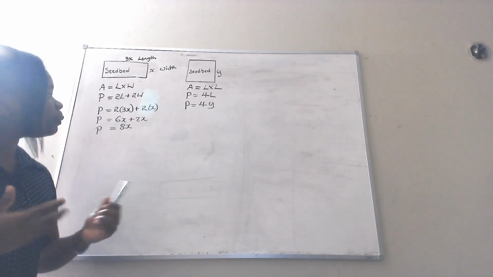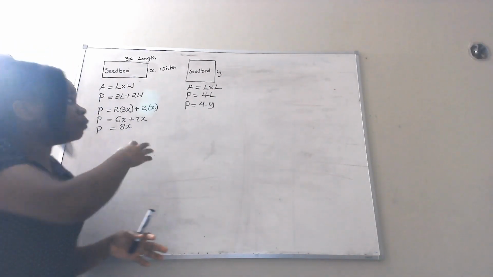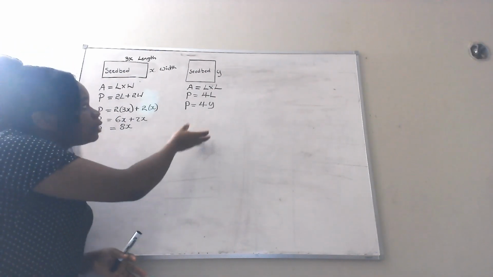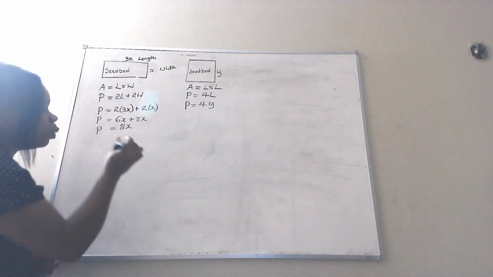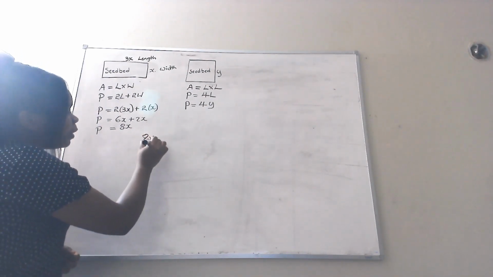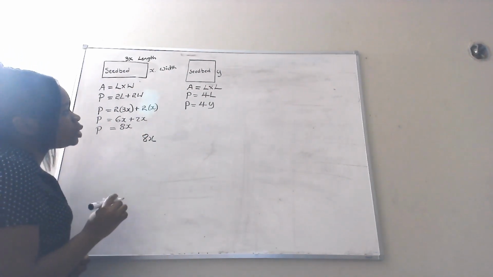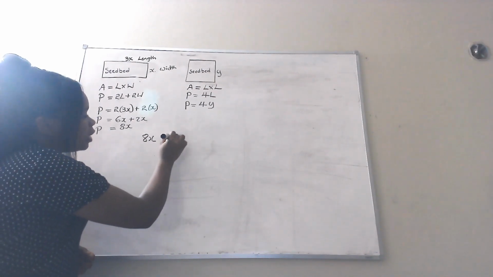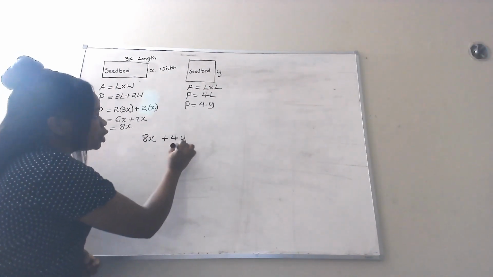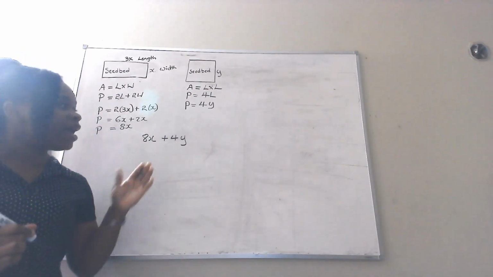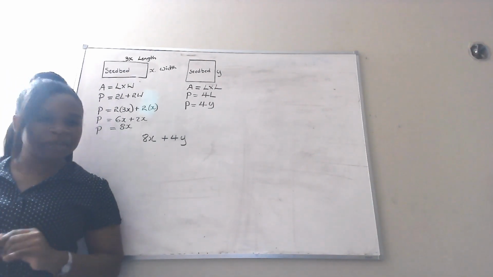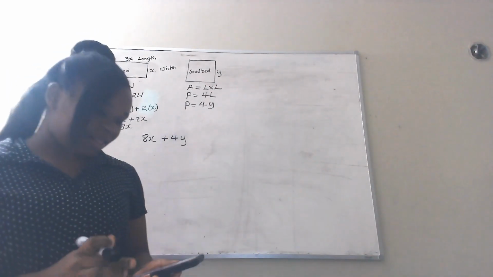Now, to get an expression in terms of both the rectangle and the square, we're going to add the perimeter of the rectangle, which is 8x, and that of the square, which is 4y. And this is our expression. Let's see.